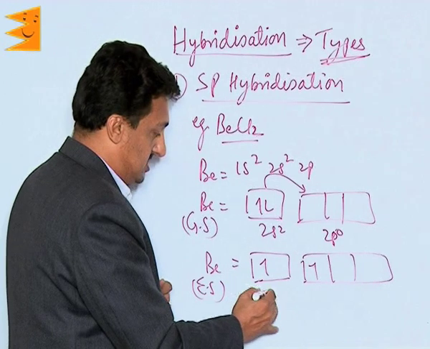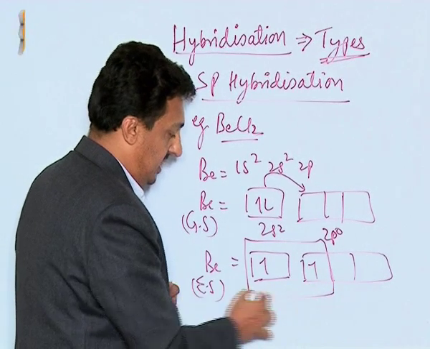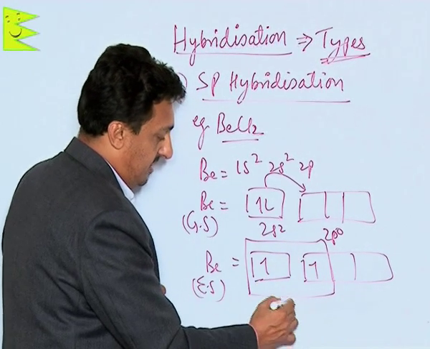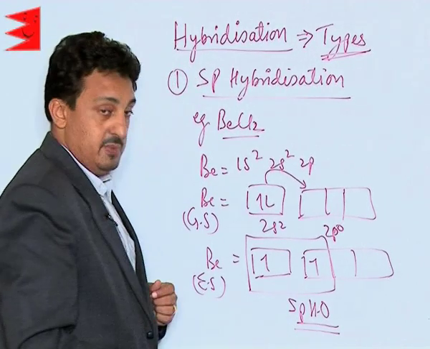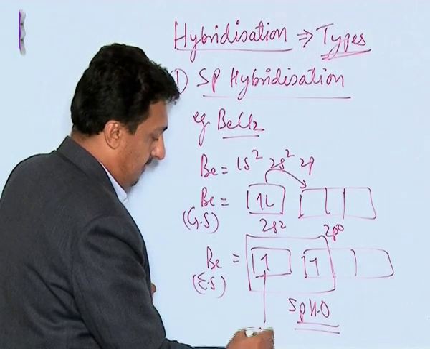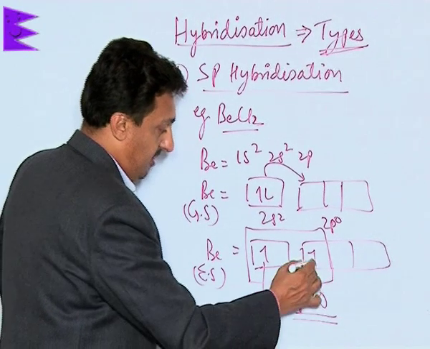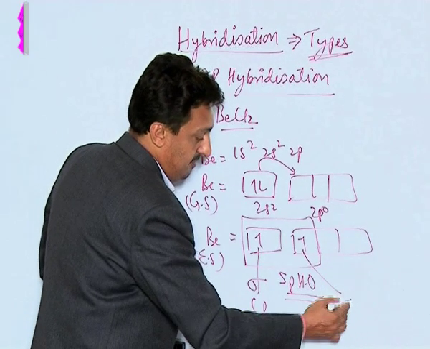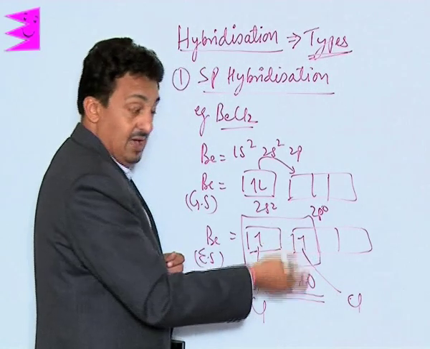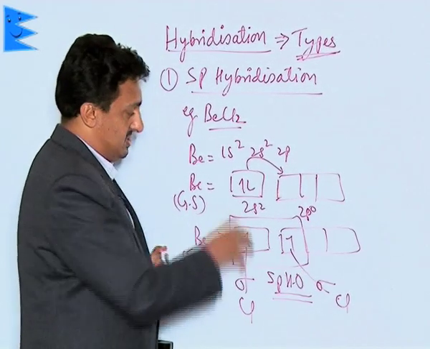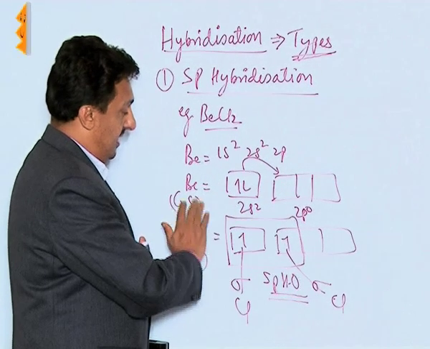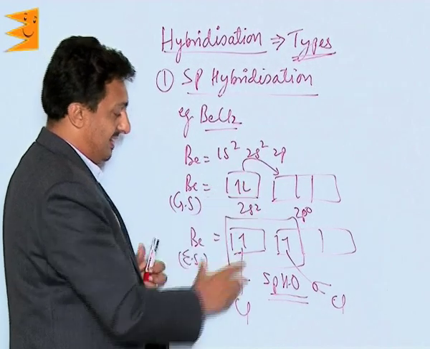This is the s, this is the p. Both these orbitals combine to form sp hybrid orbitals. This hybrid orbital overlaps with one chlorine atom and forms a sigma bond. The other unpaired electron's hybrid orbital overlaps with another chlorine atom and forms a sigma bond.